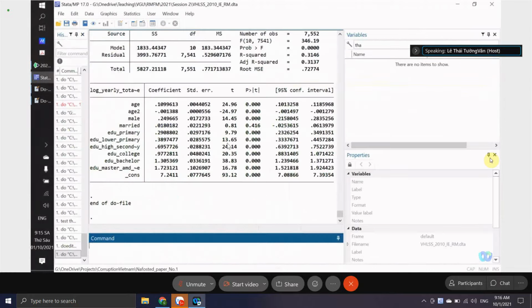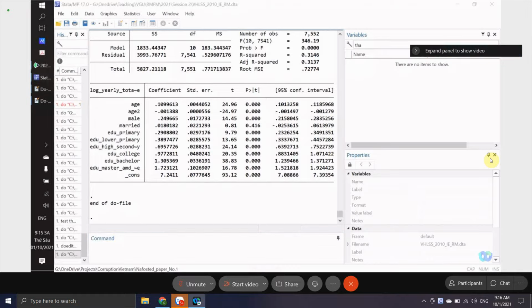In this model, we are interested in finding the factors influencing wages and salary. That's very important, right?